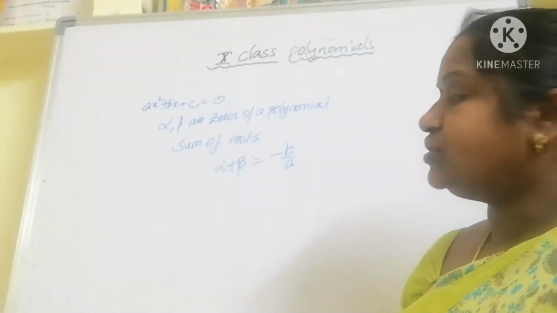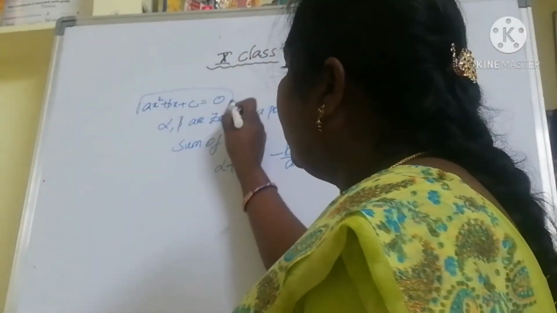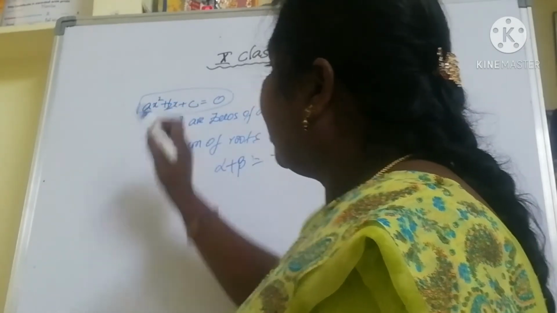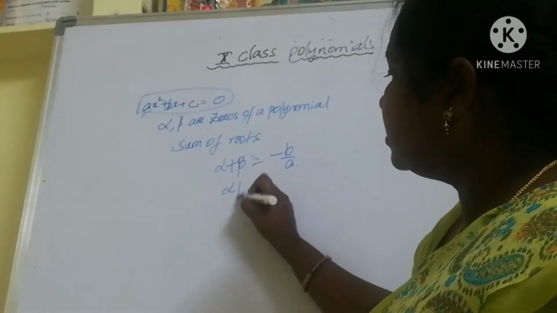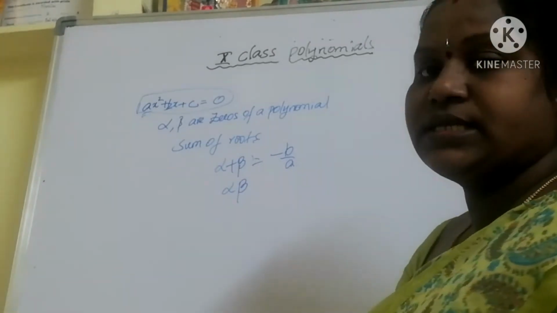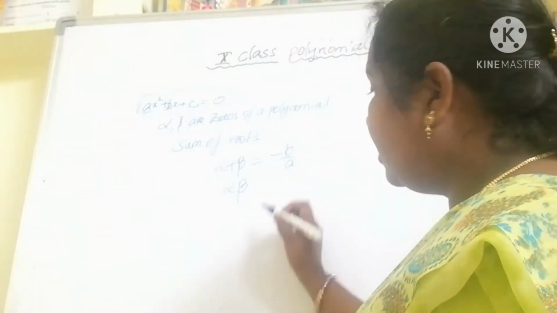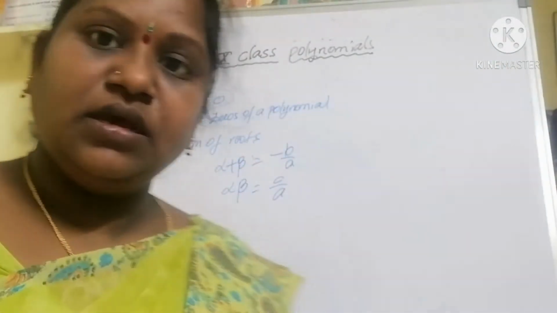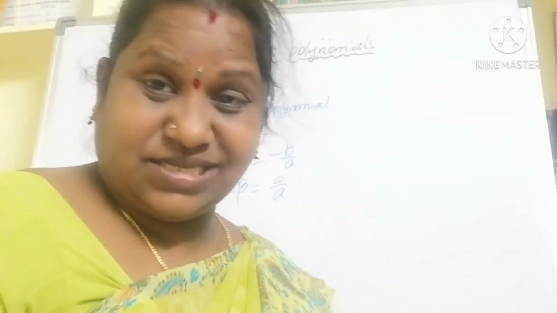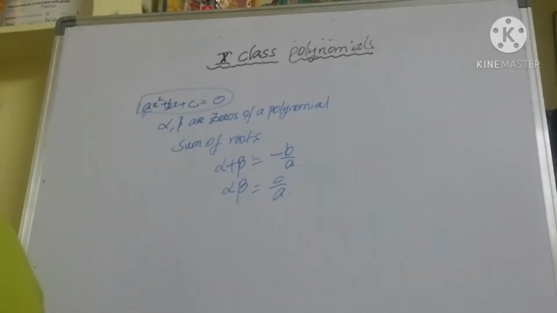In the given equation, from that b and a we have to take. That is the sum of the roots, minus b by a, and product of the roots, alpha beta, is alpha into beta is equal to c by a. These are the relationships between the zeros of the polynomial and its coefficients.